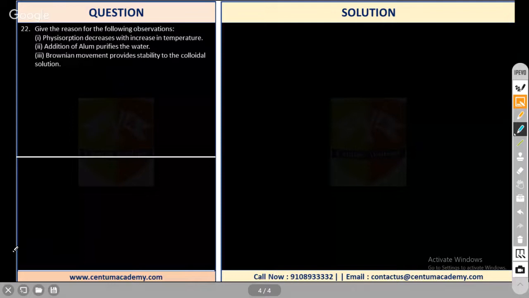Yeah, correct. See, one more term I just wanted to see here. That is, alum behaves as a flocculant. Okay, that term you should write down. Alum behaves as a flocculant.